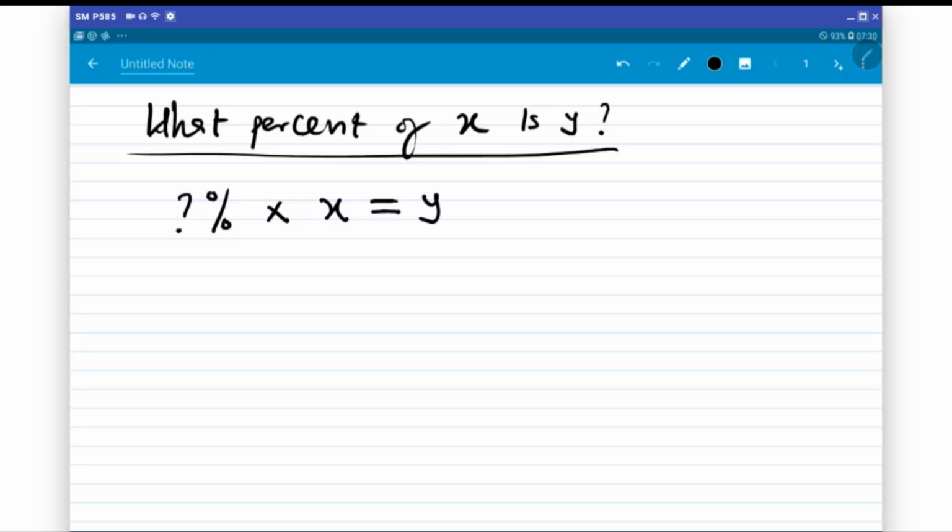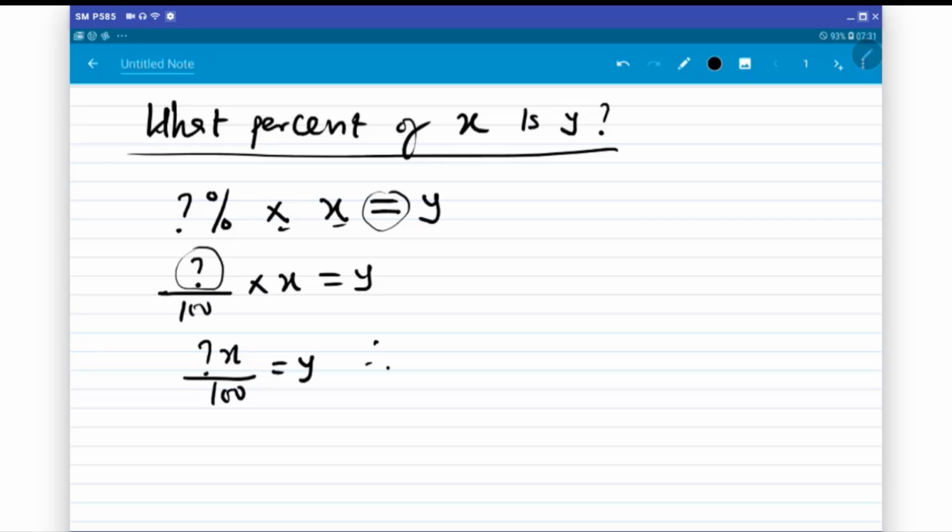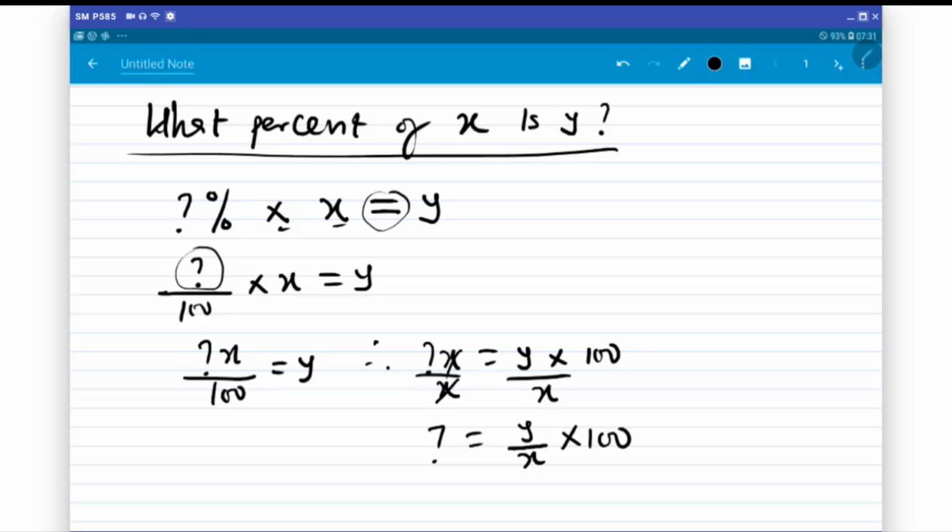So, what percent of means this over 100 times X is equal to Y. If I need to make this the subject, this X over 100 is Y, or this is equal to Y times 100, and I bring X to the other side, so it gives me Y over X times 100.